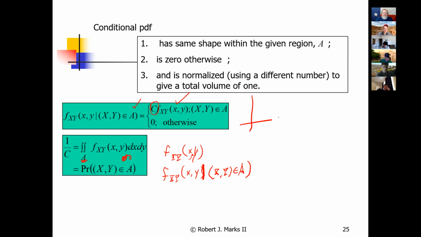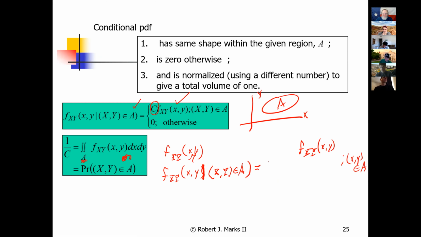Remember, this is the total density function of X and Y, and we're given that the random variable exists in some subregion A. This is exactly equal to the density function of X and Y, but we have to make sure that X and Y is within A, right?